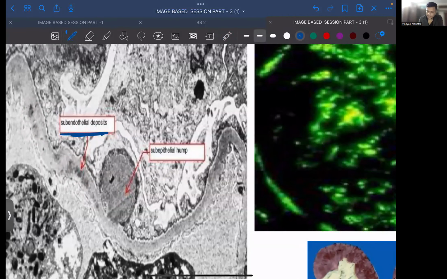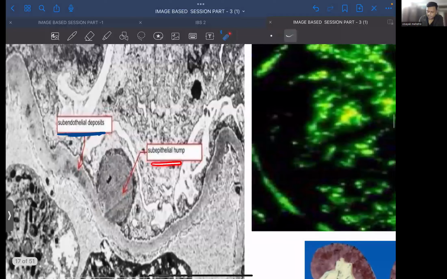Okay, and also outpouching on the subepithelial lines. It is called as hump. Hump means deposit. Okay, subepithelial humps. On immunofluorescence, what we are going to see? Anyone?